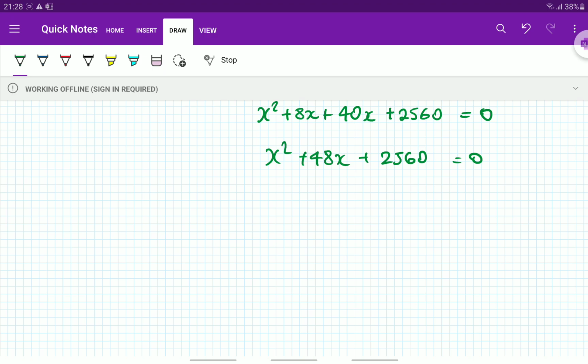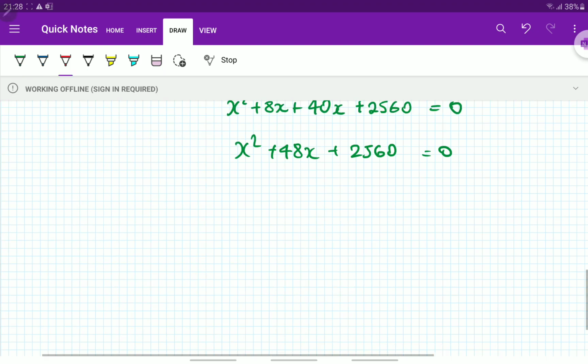You can either go ahead with the factorization method, although that is extremely difficult here. Let's try, what's 60 and... No, actually on second thought, you can't really do the factorization method. It's extremely difficult here, so let's just use the quadratic formula.